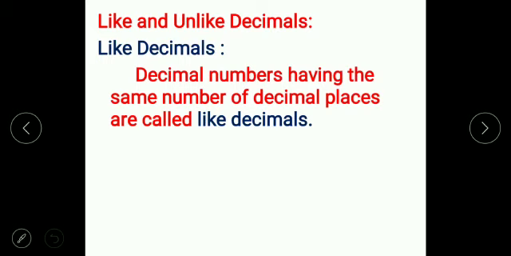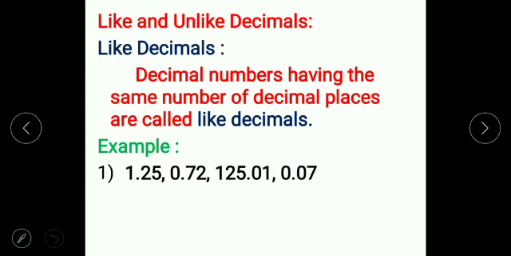Now the next point is like and unlike decimals. The first point is like decimals. Like decimals means decimal numbers having the same number of decimal places are called like decimals. The first example is 1.25, 0.72, 125.01 and 0.07.